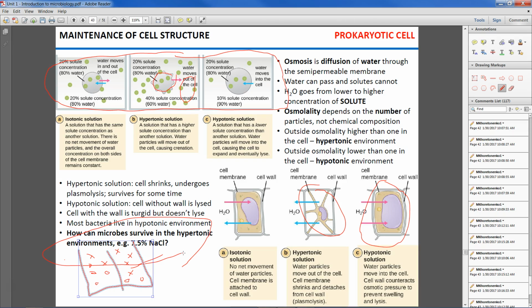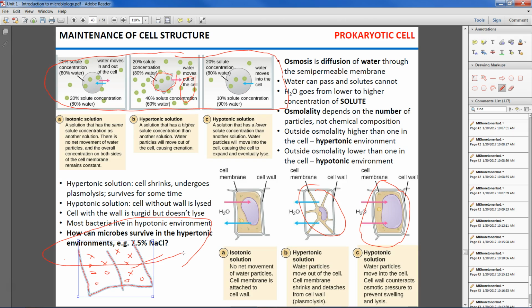So microbes that live in a very hypertonic environment, if you put them in water, they will explode right away. No cell wall will save them. Okay? So for those microbes, that high salt concentration is isotonic. Does that make sense to you? Yes.